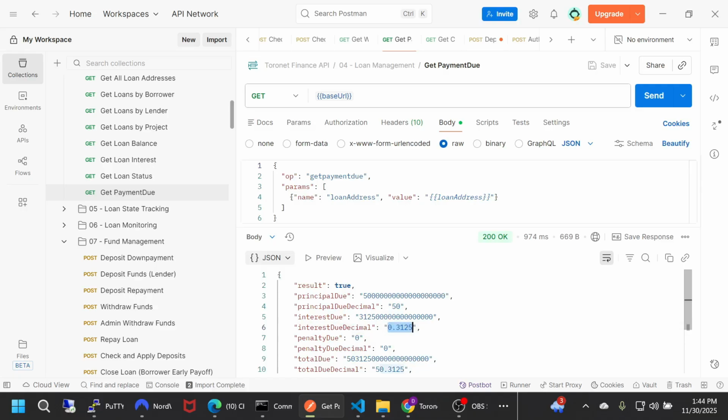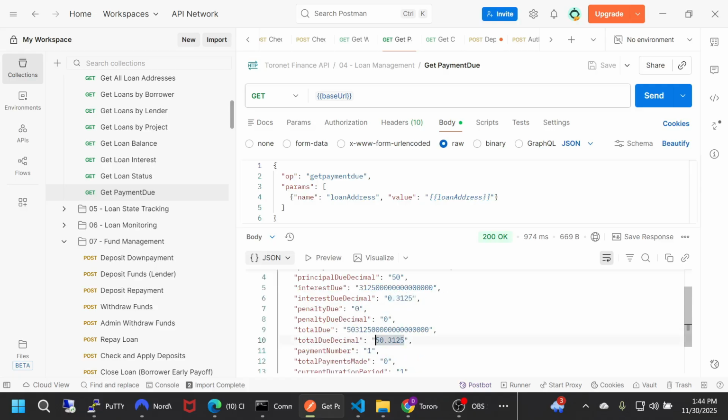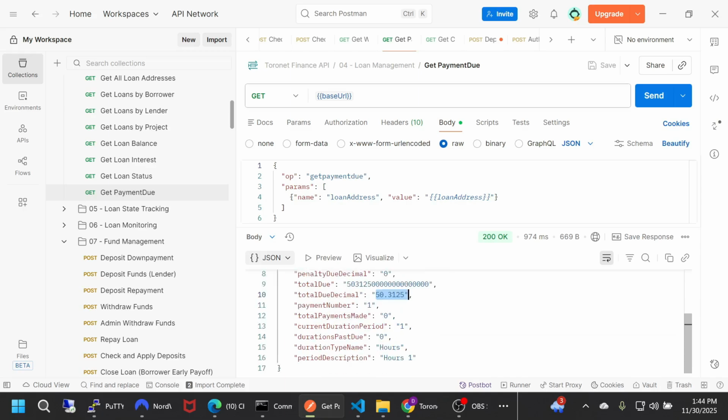At the end of this period, it's going to be like 7.5. So the total due at the end of this time duration is this amount. And then remember, for it to be considered late, the borrower has 0.5 of the time duration, which is 30 minutes in this case, to pay what is due.